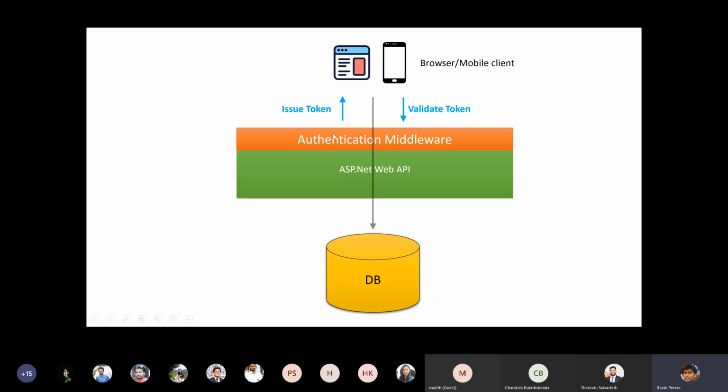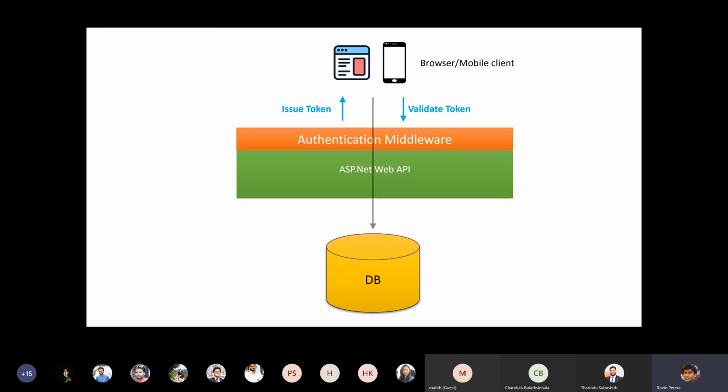As the first step, the user or the client would perform some sort of sign-in or login process, where the authentication middleware will issue the token back to the client, right?